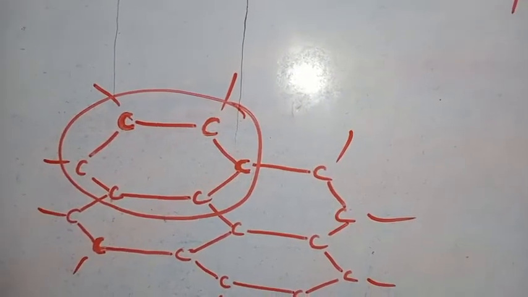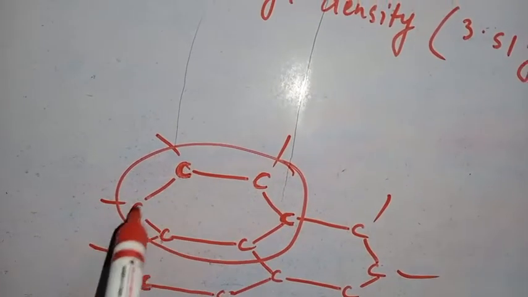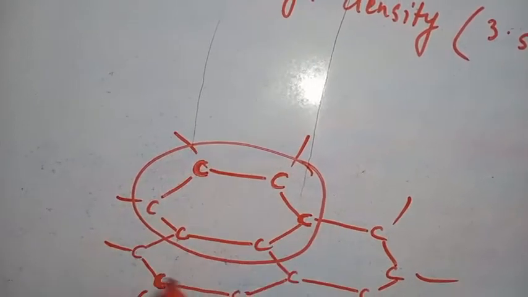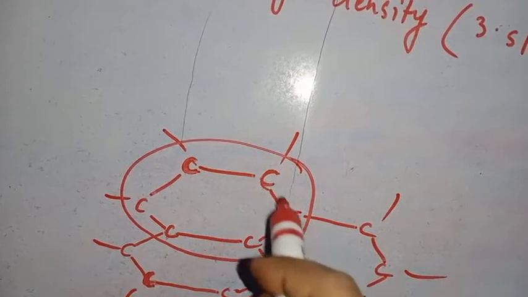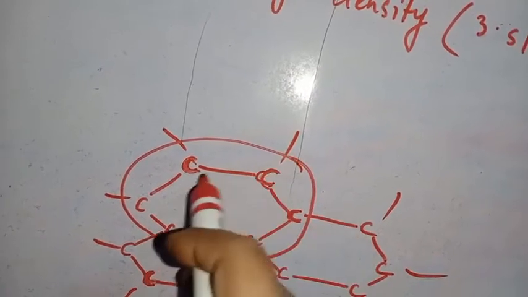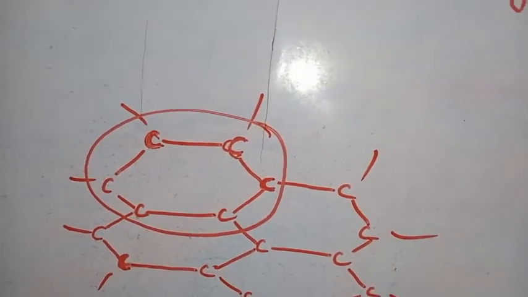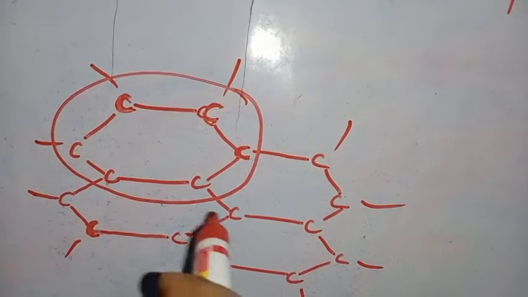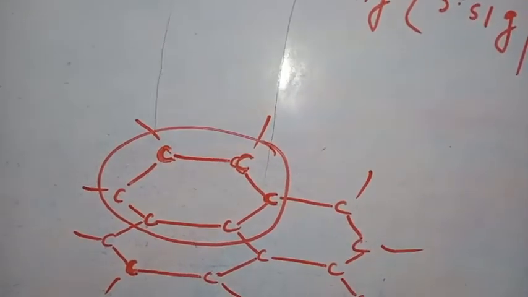As you can see, it has 6 corners, 1 2 3 4 5 6, and in each corner of the hexagon you could see the carbon, and each carbon is attached to 3 other carbon atoms covalently bonded to each other. And each hexagonal ring is fused with the other hexagonal ring. Fused means they are combined with the other hexagonal ring.